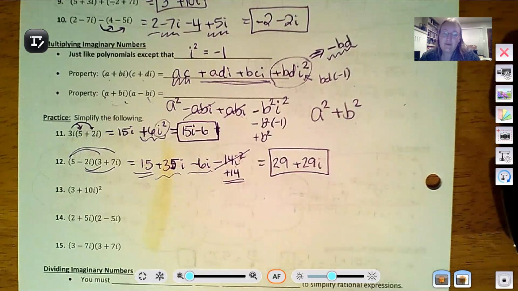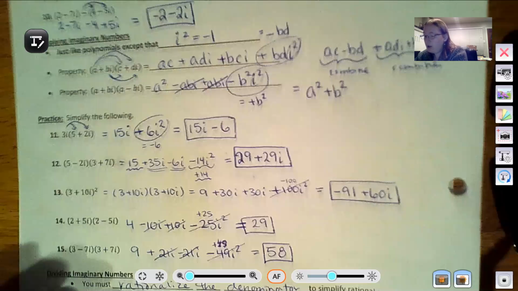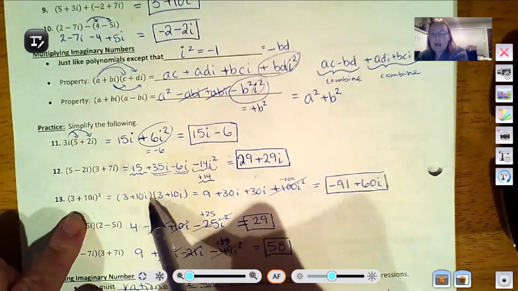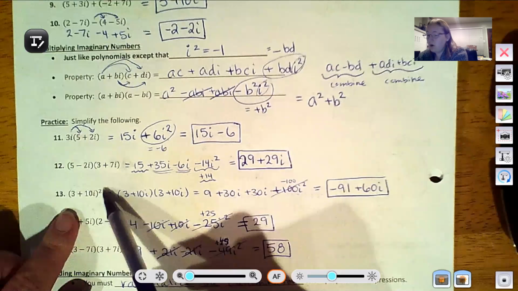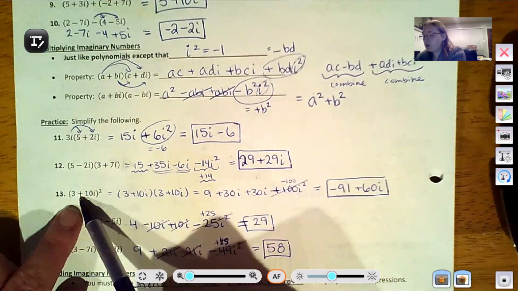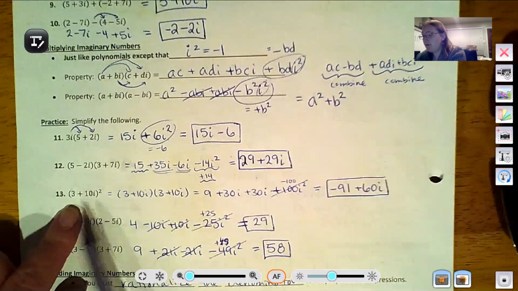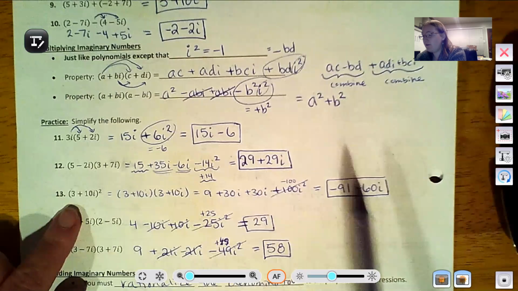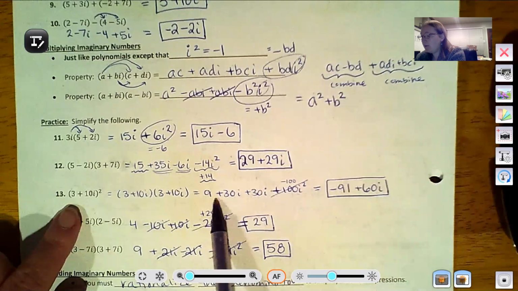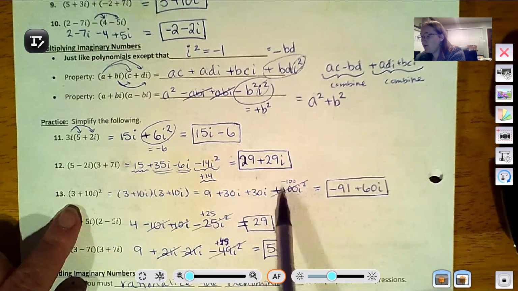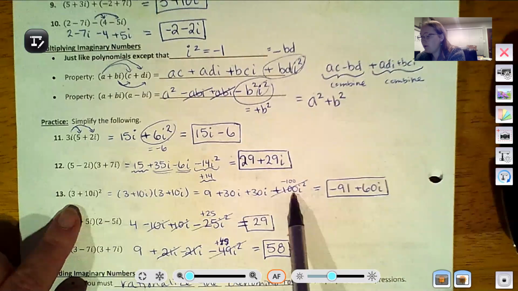Number 13, I've mentioned a couple times now that when you square, make sure that you write it down twice. So 3 plus 10i times 3 plus 10i. Do not distribute over addition. You must do it twice. You must have an F, O, I, and an L. Okay, so now similarly, I was able to cross this off because it's 100 times -1 is -100.